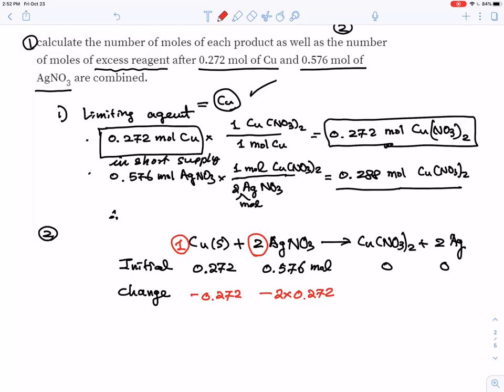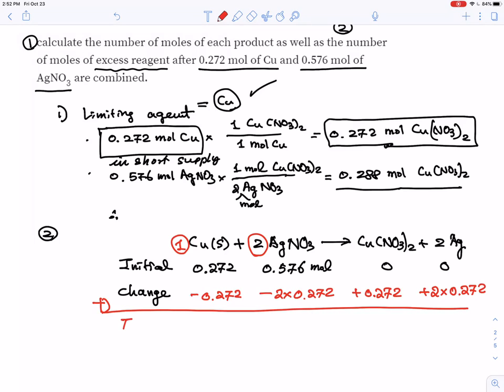So that's how much you're going to use up. Thus you will produce 0.272, and you produce 2 times 0.272.